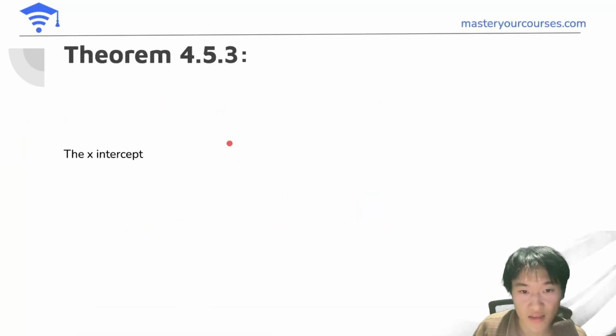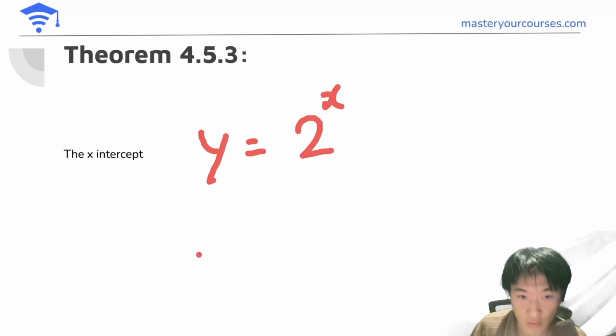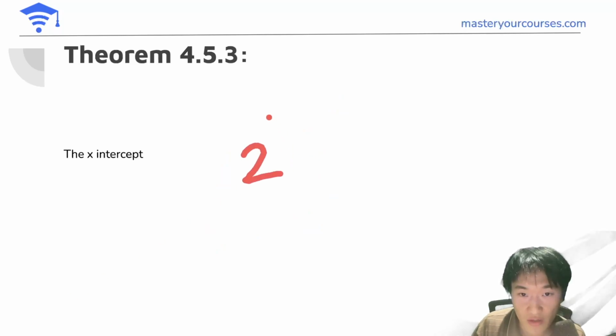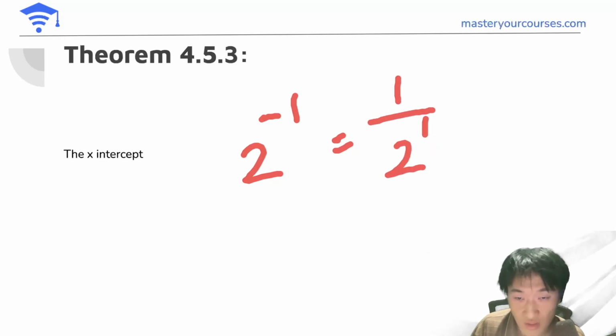You can see that, for example, if you take y is equal to 2 to the power of x, and y equals 0, there exists no such x such that it goes to 0. If you think about exponentiation rules, 2 to the power of some negative number is just equal to 1 over 2 to the power of that.